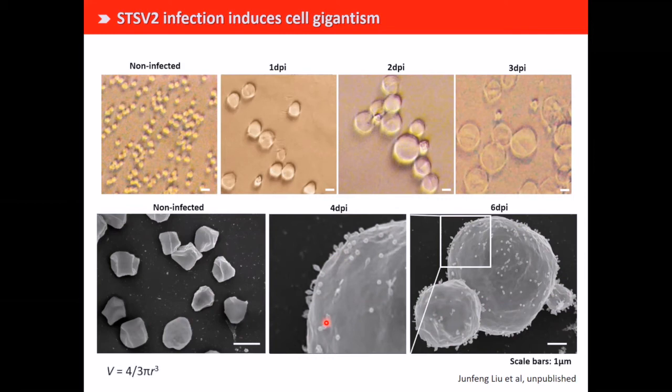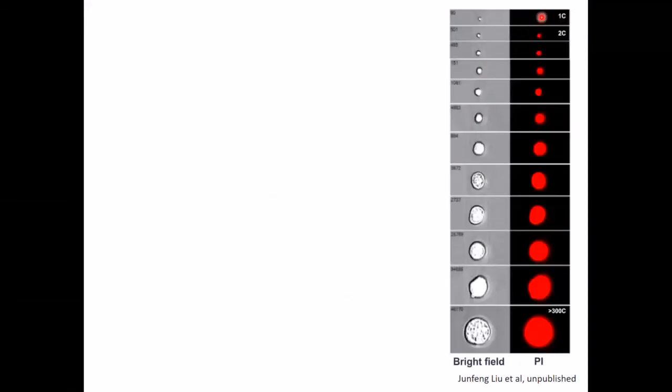So this increase in the diameter of 20 times means that the volume of the cell increases by 8,000 times, right? And this is remarkable. And here we can see all the transitions between the tiny normal-sized cell of 1 micron to something way bigger.